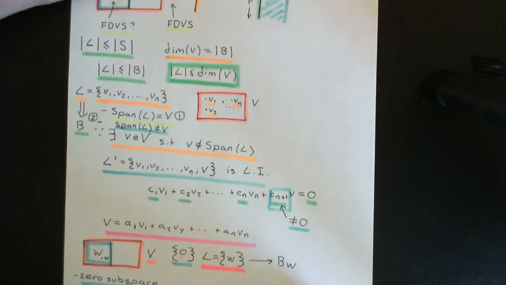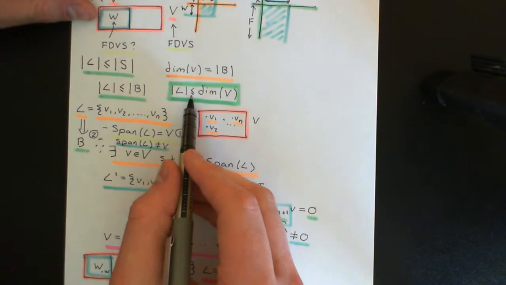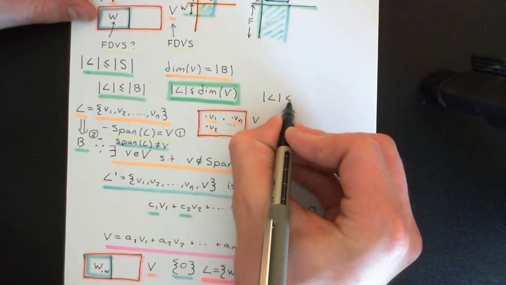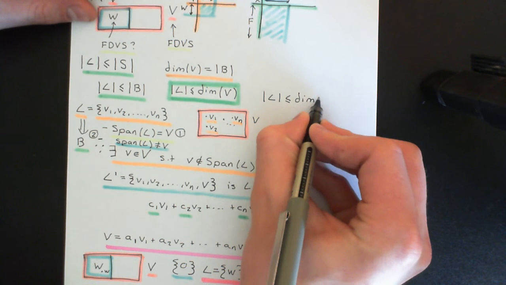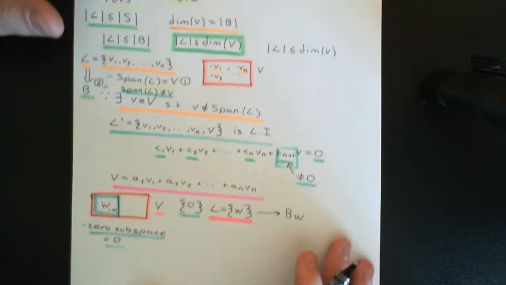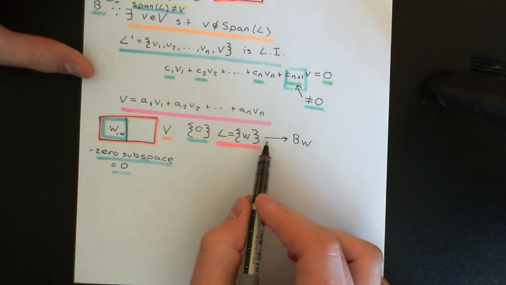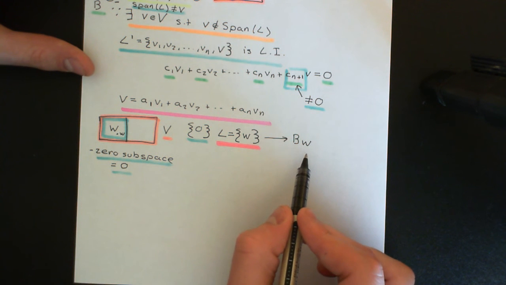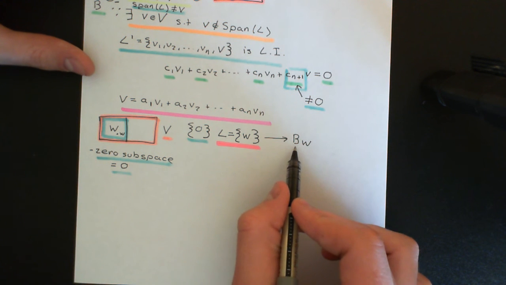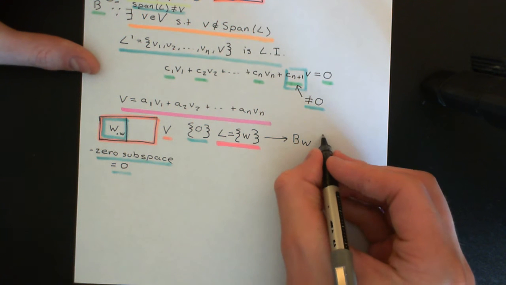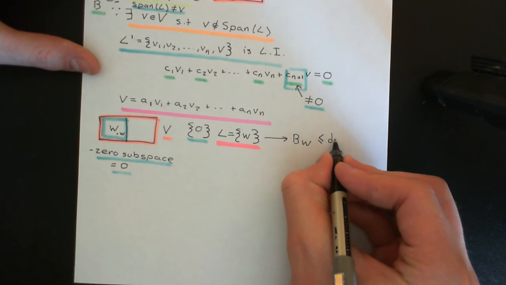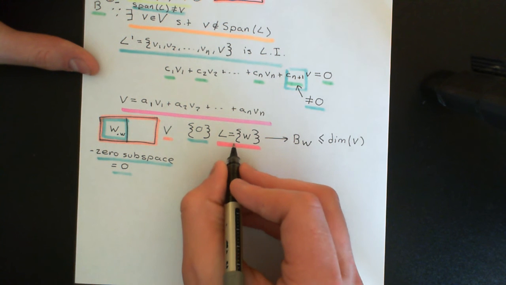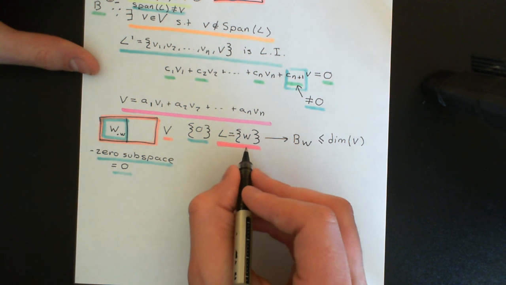Now, what do I know about linearly independent sets in V? Well, I know that linearly independent sets in V have order less than or equal to the dimension of V. So all of these linearly independent sets that I'm building here are going to have order less than or equal to the dimension of V. Even once I get up to the full basis of W, this must be less than or equal to the dimension of V. I cannot continue adding vectors into this set and it remaining linearly independent forever.